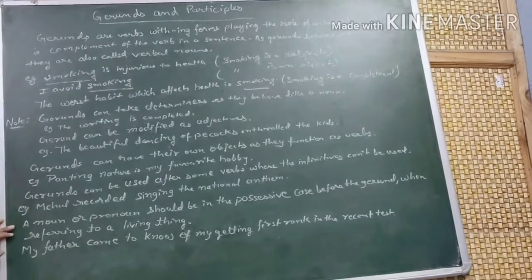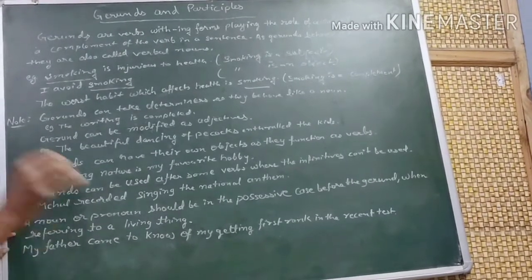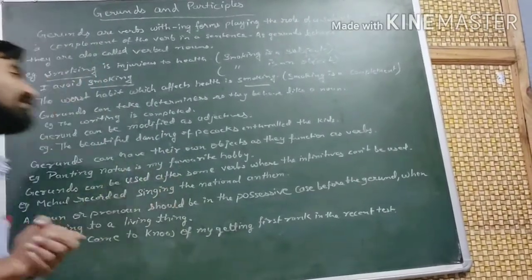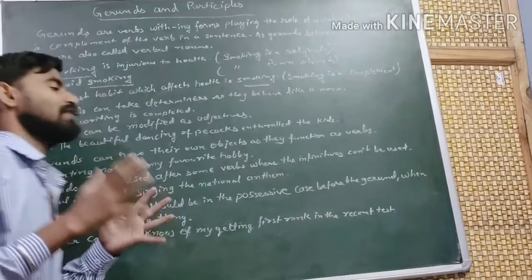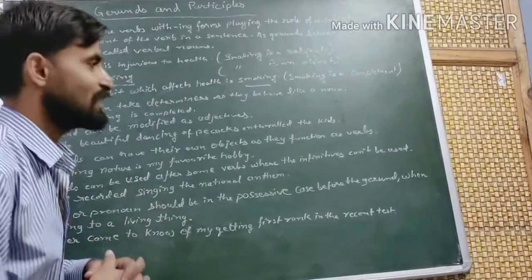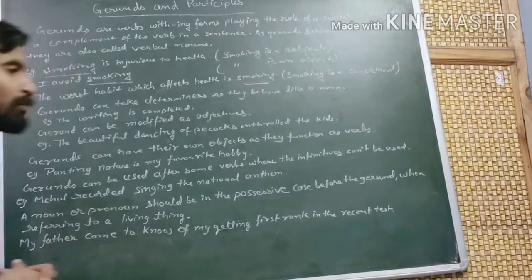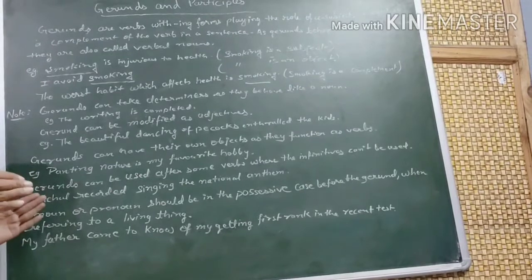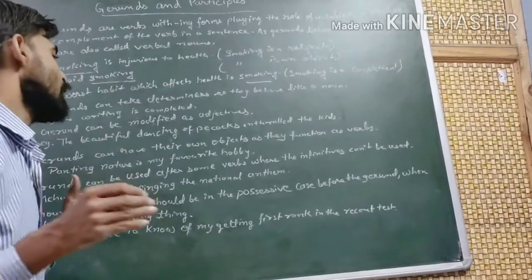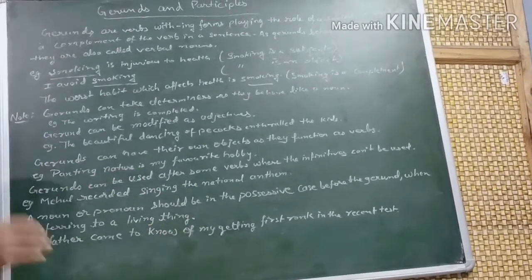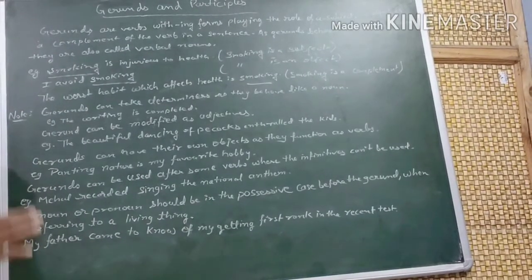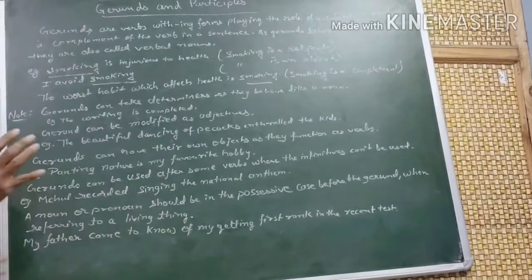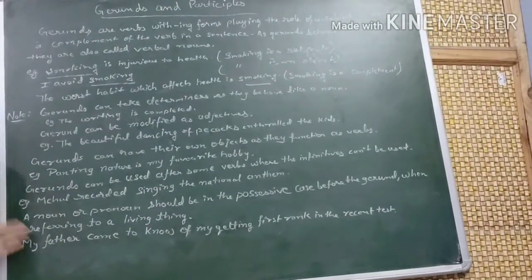The last one is that the noun and the pronoun should be in the possessive case before the gerund. If we are using a gerund in a sentence, and if a noun or pronoun is present in that sentence, then it should be in the possessive case when referring to a living thing.